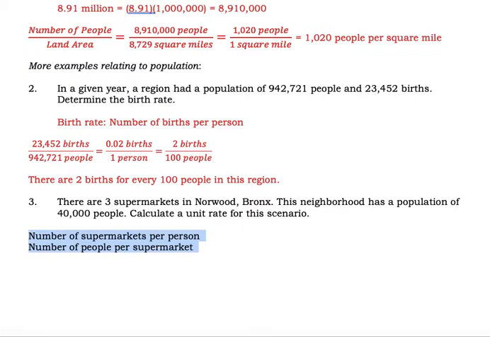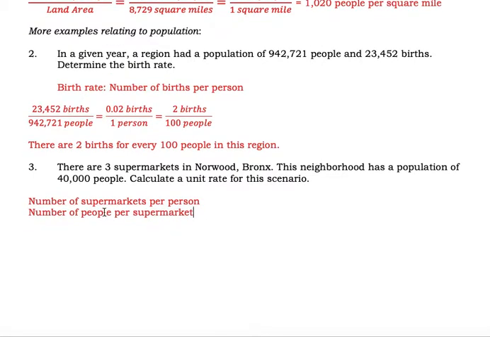Off the bat, I'll tell you right away that the first option doesn't make as much sense, and I'll show you why when we look at the numbers. This conceptually doesn't help me.